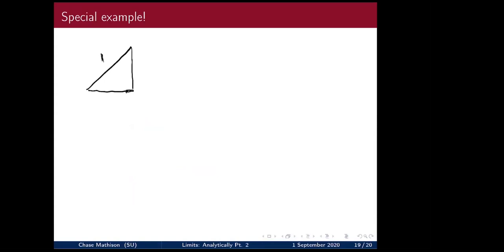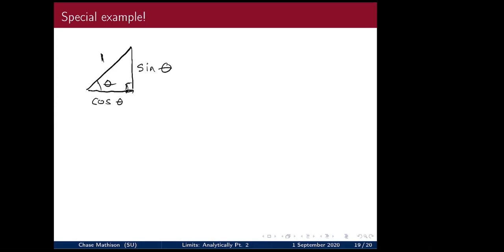If this hypotenuse is 1 here, and this angle I'm going to call theta, theta is taking the place of x, then this here is sine of theta, and the bottom leg is cosine of theta. And again, you can just say SOHCAHTOA: sine is opposite over hypotenuse, hypotenuse is 1, so opposite has to be sine of theta. Okay?